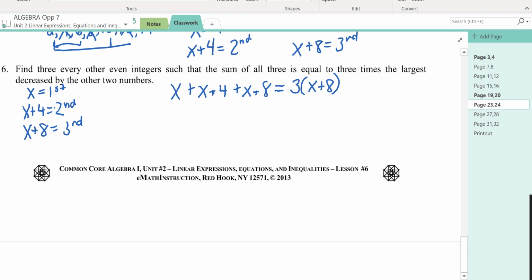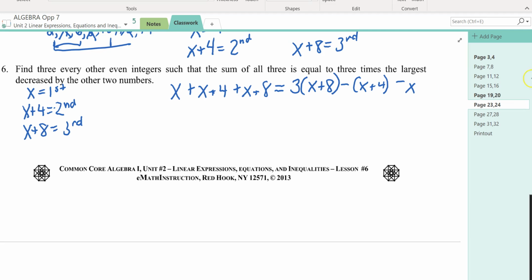Decreased by the other 2. So I'm going to subtract x plus 4. And then I'm going to subtract x. And we're going to do NSolve on that, and we're going to be happy.